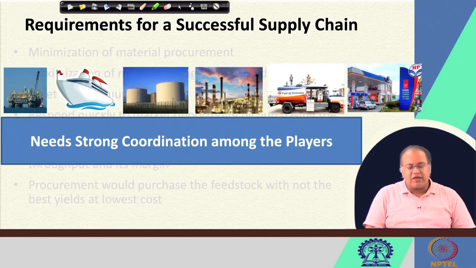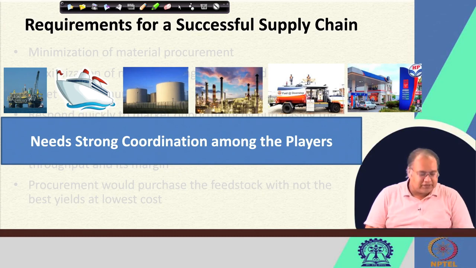To start with, as we have seen in the last class, my primary requirement for having a successful supply chain is that I need to have strong coordination among the different players that I have.